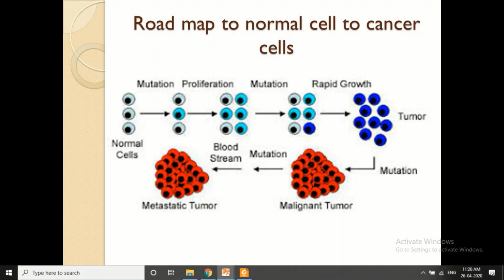This converts a normal cell into a tumor cell. Further mutations convert the tumor into a malignant tumor, where some tumor cells detach and enter the bloodstream, circulate, bind to other organs, and cause a secondary tumor. This is called metastasis.